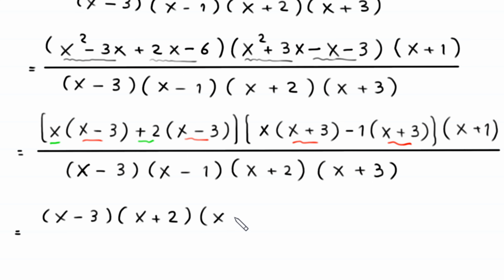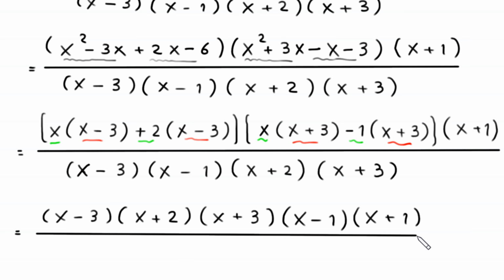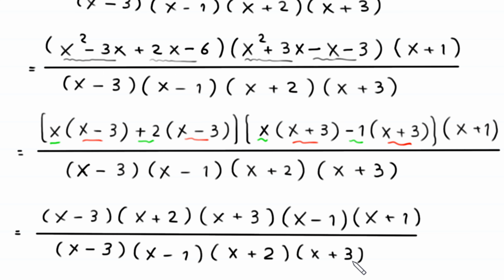So x plus 3 as common factor, in bracket left this x and this negative 1: x minus 1, times this x plus 1, and all this is divided by this denominator, which remains the same: x minus 3, times x minus 1, times x plus 2, times x plus 3.